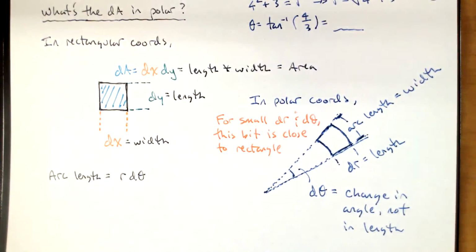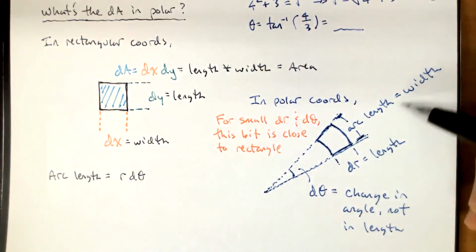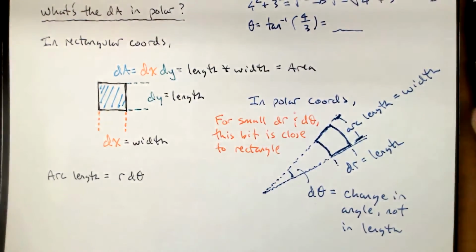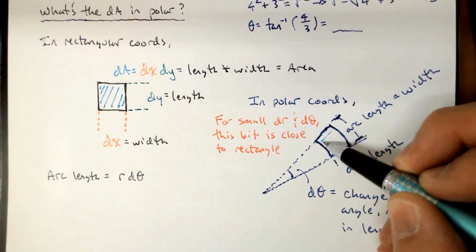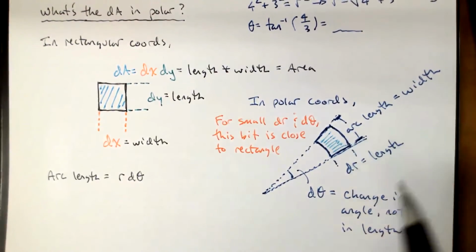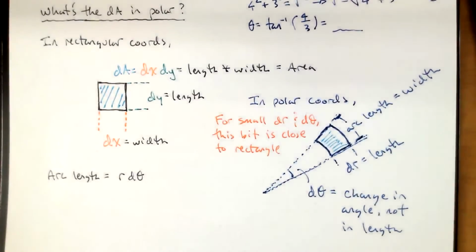So the arc length, which we want to use as the width of our close to being a rectangle, is r times d theta.